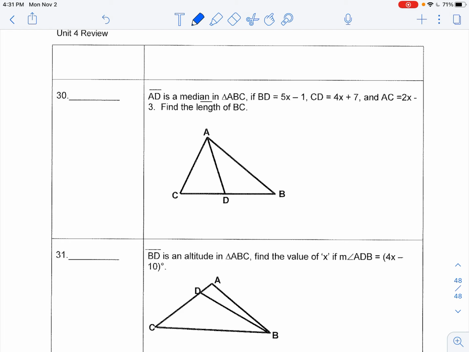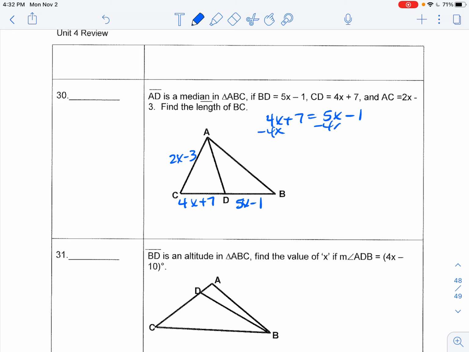Okay, two last problems. Number 30, AD is a median in triangle ABC. If BD is 5x minus 1 and CD is 4x plus 7, AC is 2x minus 3, find the length of BC. Okay, so if it's a median, it's cutting it at its midpoint. So 4x plus 7 is equal to 5x minus 1.